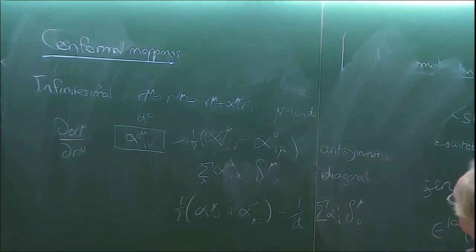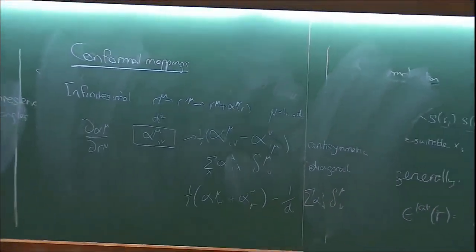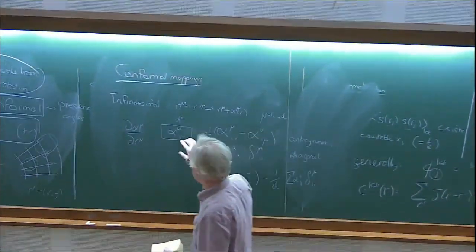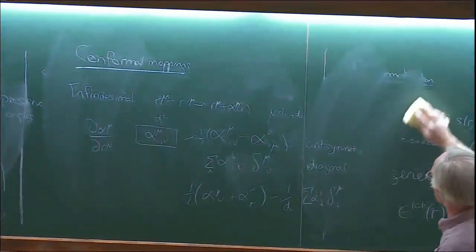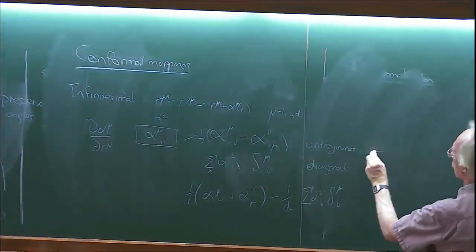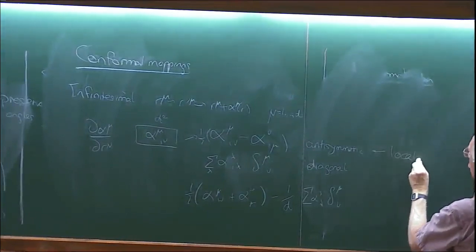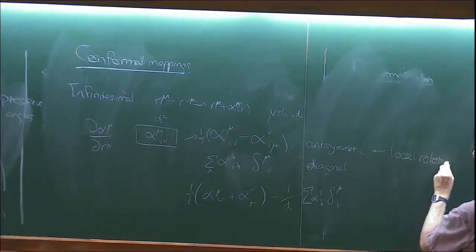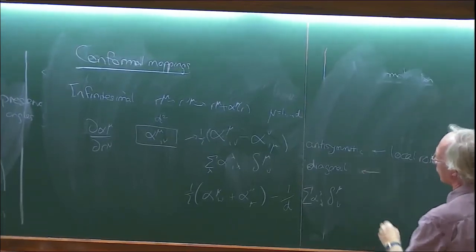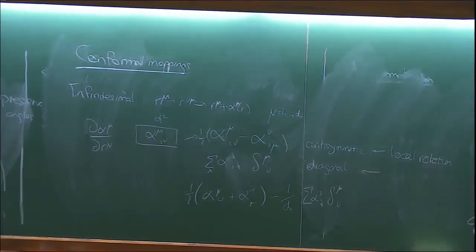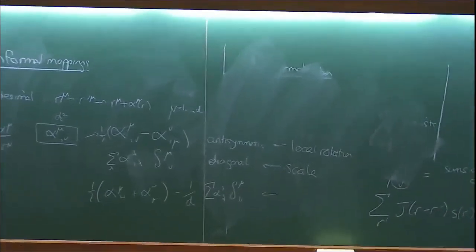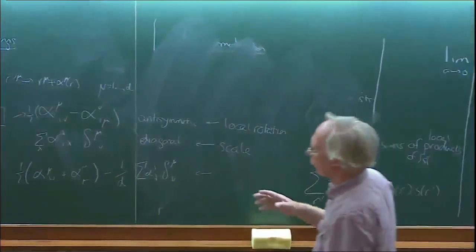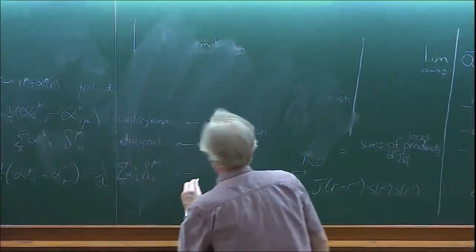Okay. So I can always decompose this tensor into an anti-symmetric part, which is going to correspond to a local rotation, to a diagonal part, which is going to correspond to a local scale transformation, and the rest. And the rest is really the components of this tensor which correspond to shear.